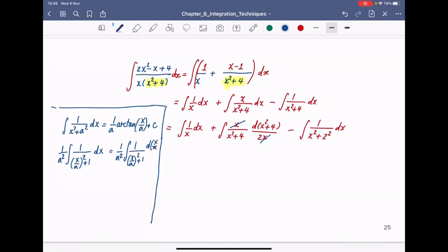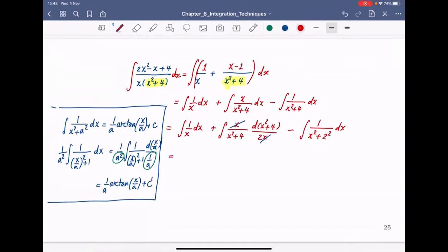With the substitution you're going to have 1 over a here. That 1 over a is going to cancel with a squared here, so you're going to get 1 over a. And then to integrate that, you're going to get arctan of x over a plus c. All right, this is from the knowledge before the midterm.